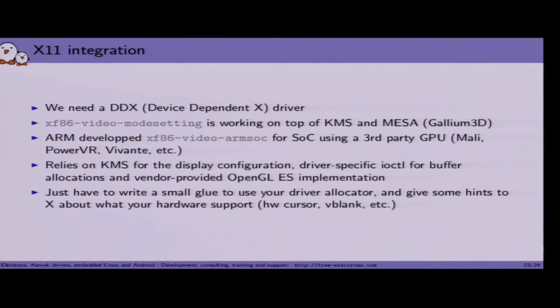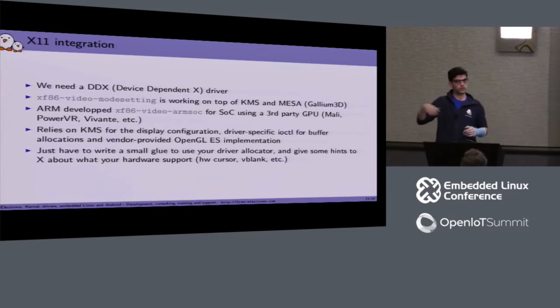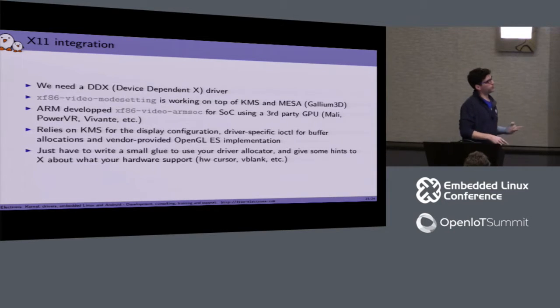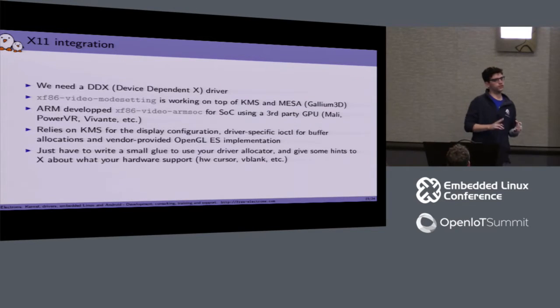So ARM developed a video driver called xf86-video-armsoc for all the SoCs that use a third-party GPU, like the Mali, the PowerVR, the Vivante one. So basically all the SoCs besides the NVIDIA and Qualcomm ones, I think.